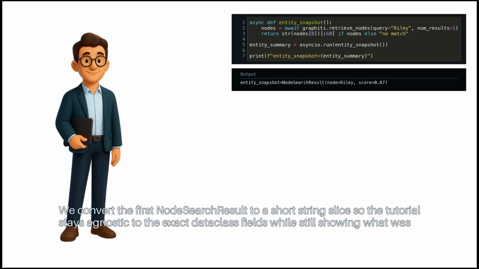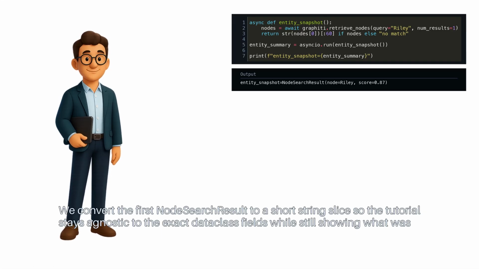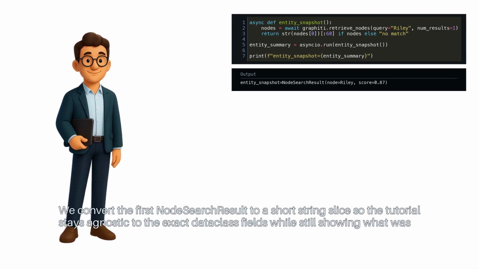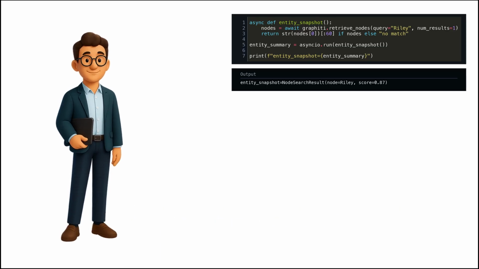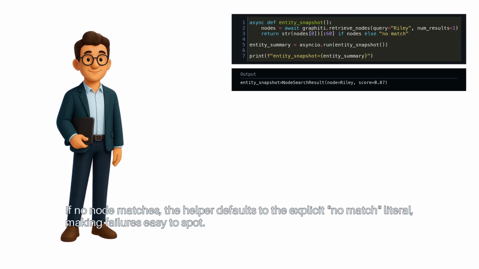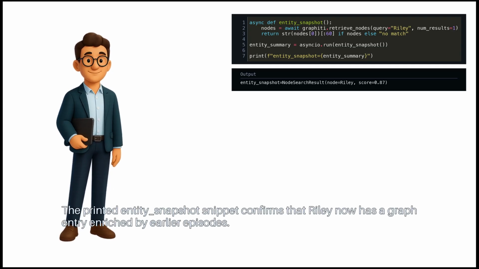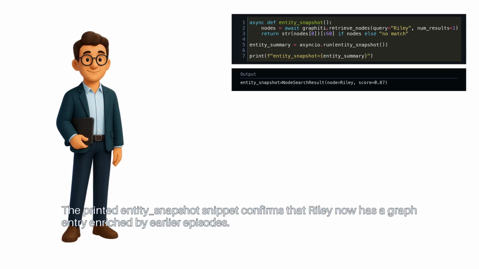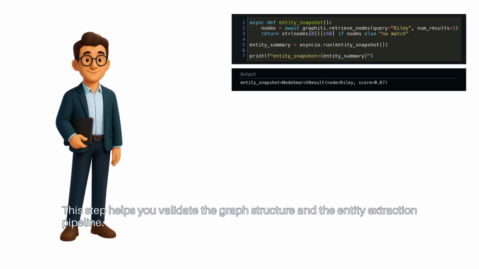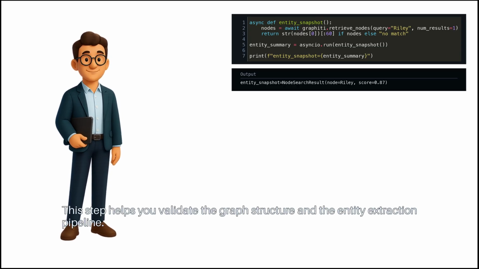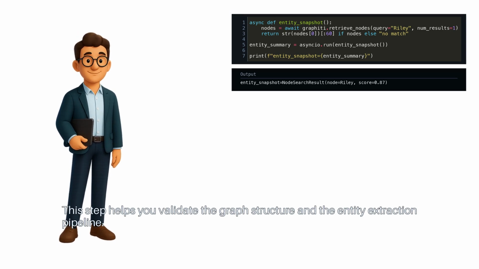We convert the first node search result to a short string slice, so the tutorial stays agnostic to the exact data class fields, while still showing what was returned. If no node matches, the helper defaults to the explicit no match literal, making failures easy to spot. The printed entity snapshot confirms that Riley now has a graph entry enriched by earlier episodes. This step helps you validate the graph structure and the entity extraction pipeline.